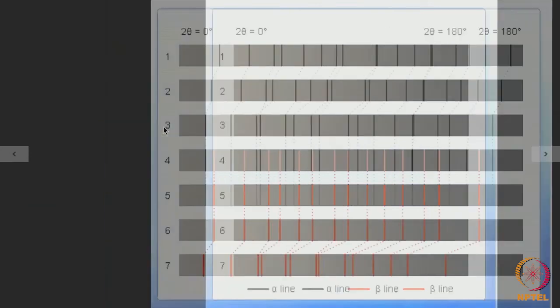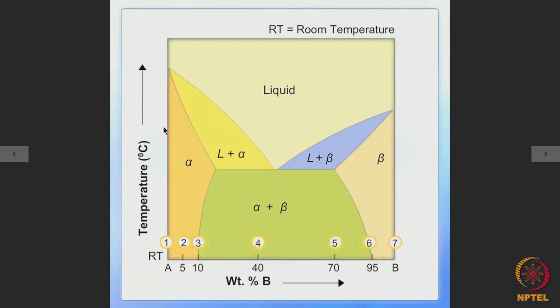Then what happens when we take, say, alloy 4 and 5? You will have lines for both alpha and beta present simultaneously in the diffraction pattern, and as we can see here, the alloy 5 has a higher amount of B compared to the alloy 4.